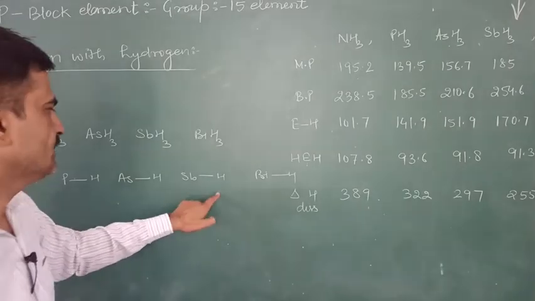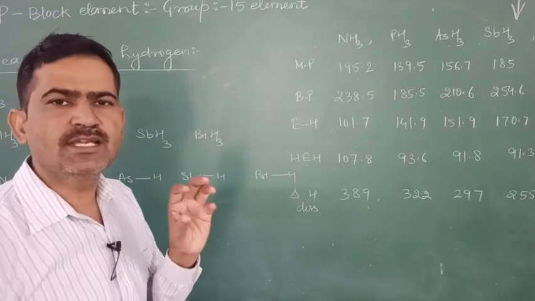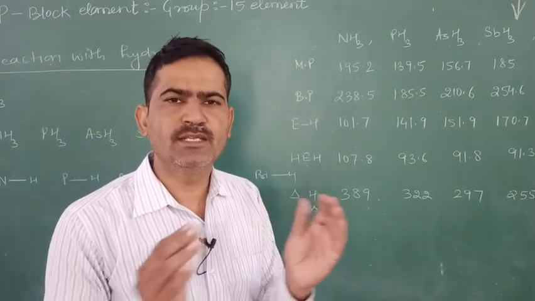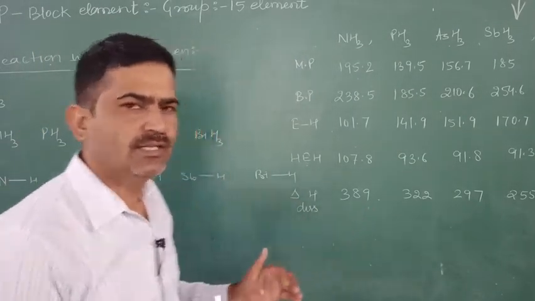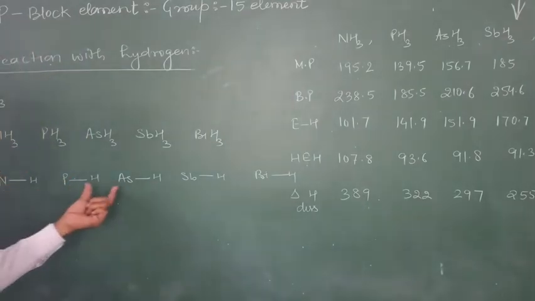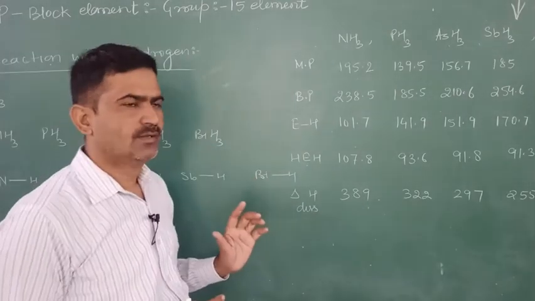What is the reason for the increase in bond length? Because the size of the central atom regularly increases. That's why the bond length increases down the group.